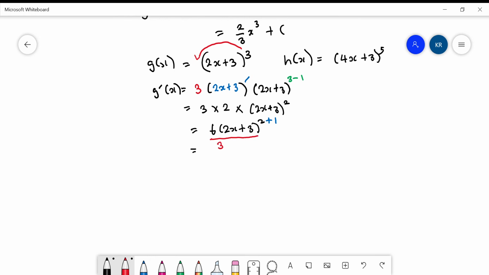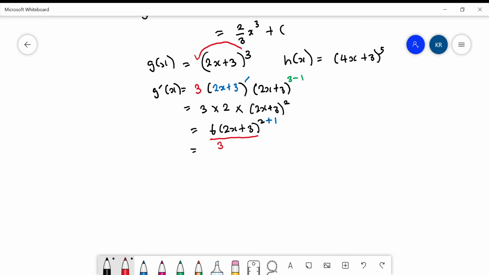But then there's a difference when we integrate this. When we differentiated, we had to differentiate what was between the brackets, and then we multiply that to our new function. So here, instead of multiplying with the derivative of what's between the brackets, we divide by the derivative of what's between the brackets.